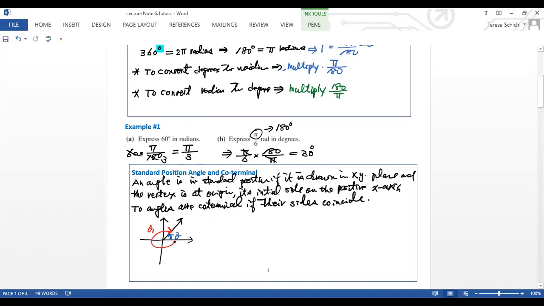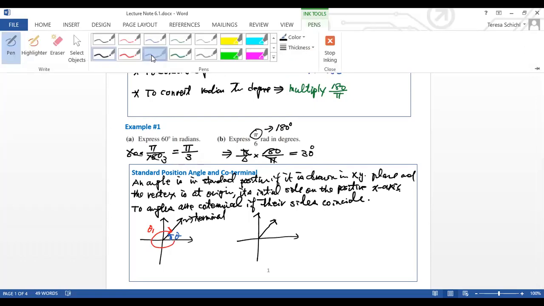They both have the same starting side and end side, right? This ray here is the terminal side. Both theta and theta 1 end at the same place, so we say they have the same terminal side. Let's look at another coterminal angle.